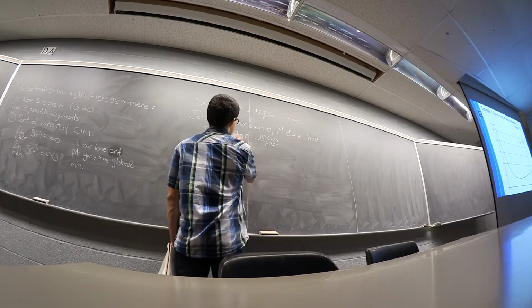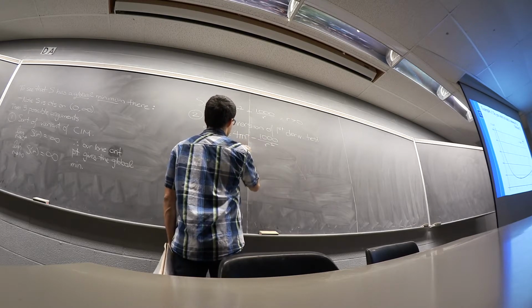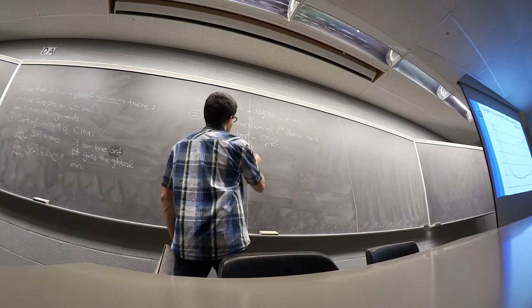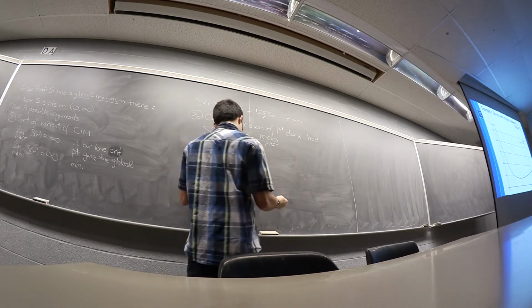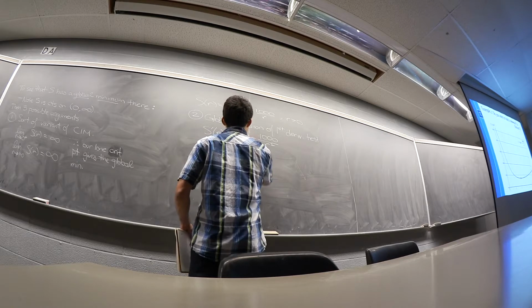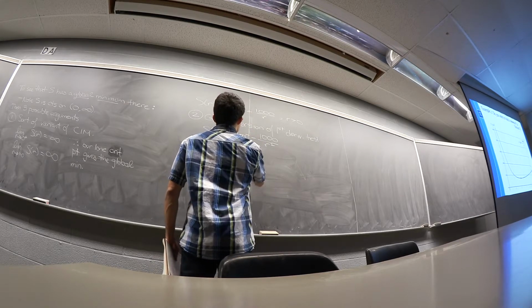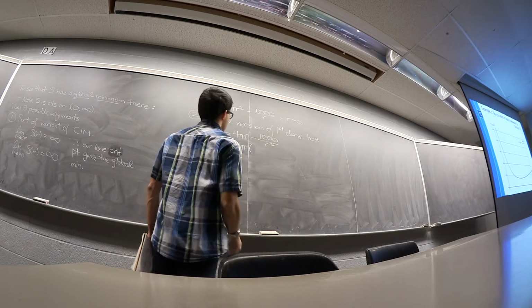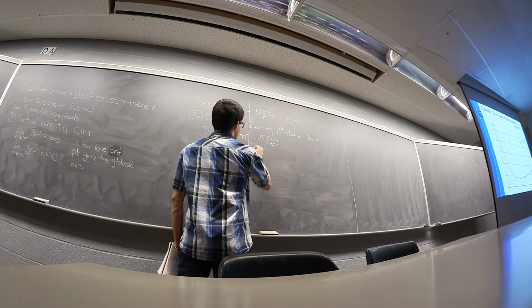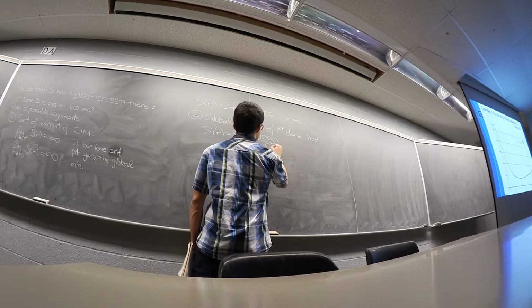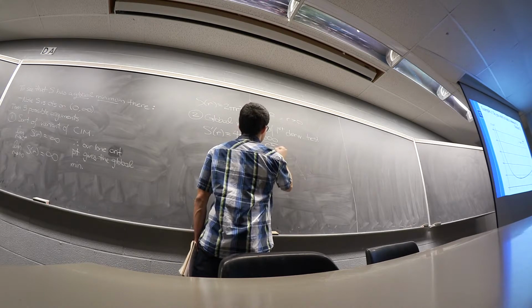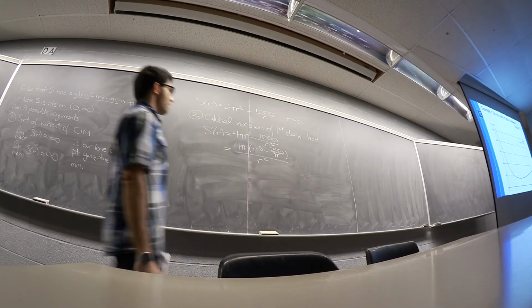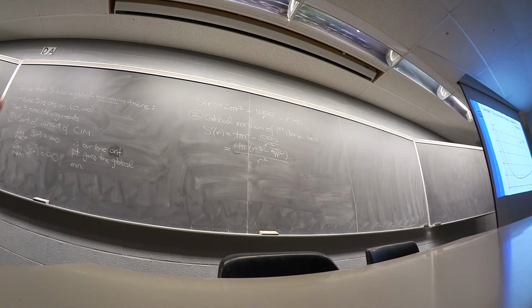4 pi r cubed minus 1,000 over r squared, which is 4 pi times (r cubed minus 250 over pi) over r squared.